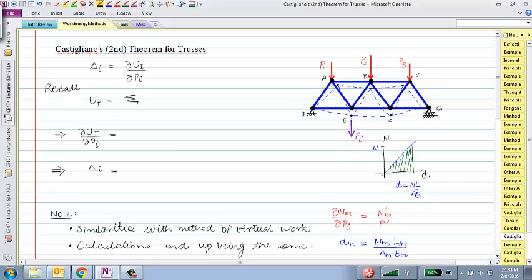that would be sum over all the elements of the truss half times Nm, which is actually a function of this Pi force. So when I write Nm brackets Pi, that's a single quantity. It's a function of Pi, because as I change Pi, the internal forces in the truss would change. This N represents all the internal forces in the truss. Square and Lm over Ae.